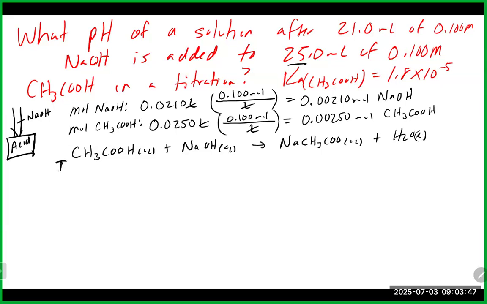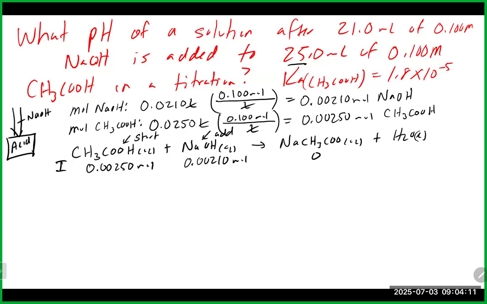We are initially starting with 0.0025 moles. And again, this is what we're starting with. This is what we are adding. And here we have 0.0021 moles and 0.